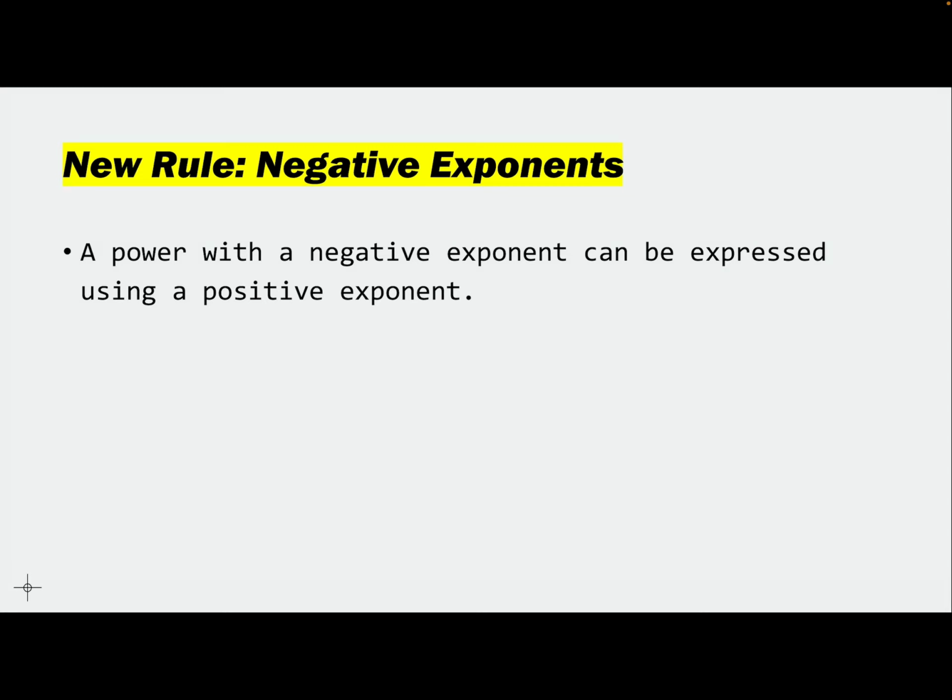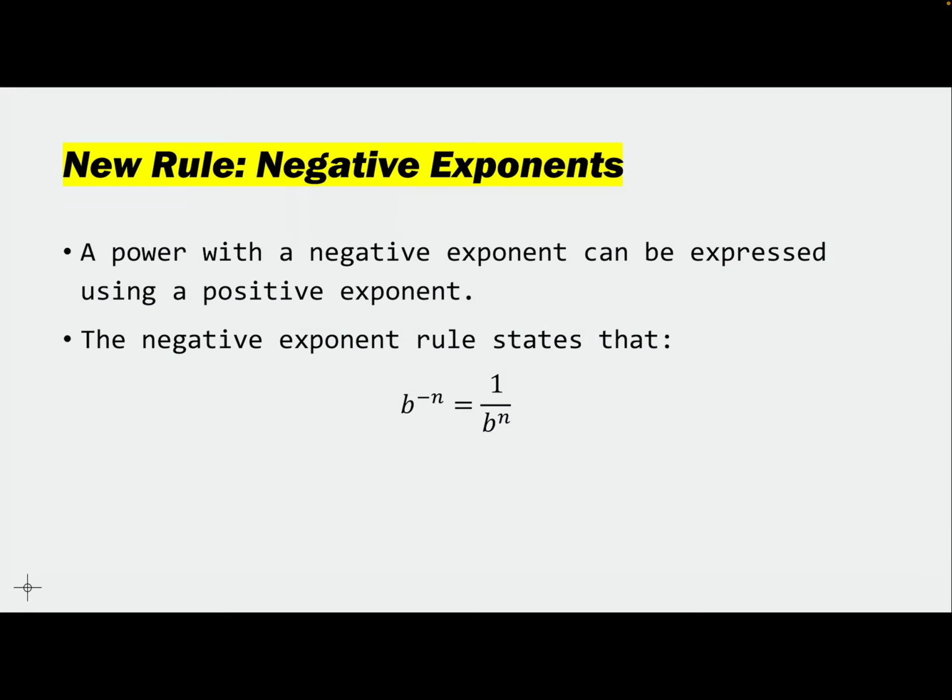The negative exponent rule states that if you have something raised to a negative exponent, like we do here, you can simply rewrite it as a positive exponent, except you have to place it in the denominator.